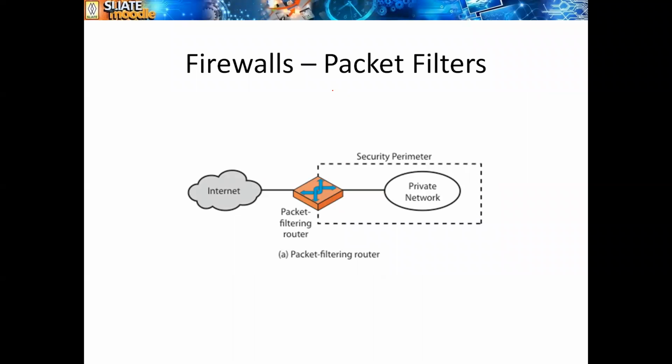Firewall packet filtering: in the OSI reference model there are 7 layers. The physical layer understands bits, the data link layer handles encapsulation into frames, and the third layer, the network layer, understands packets, meaning IP addresses.